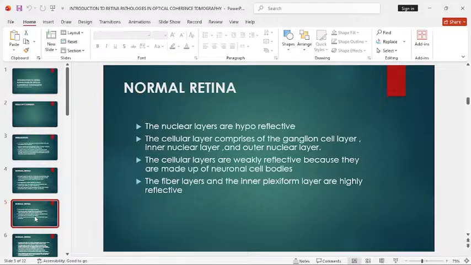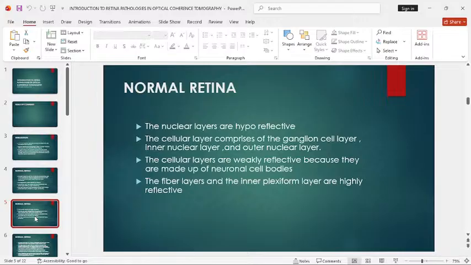Now, the nuclear layers are hyporeflective, and I will say why this is so in a short time. The cellular layers comprise the ganglion cell layer, the inner nuclear layer, and the outer nuclear layer. Whenever you are looking at your OCT results, you will find that these layers, the ganglion cell layer, the inner nuclear layer, and the outer nuclear layer, will all appear hyporeflective.